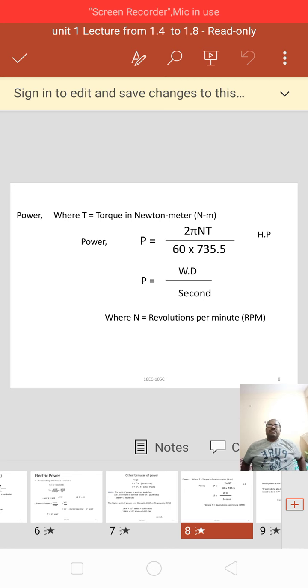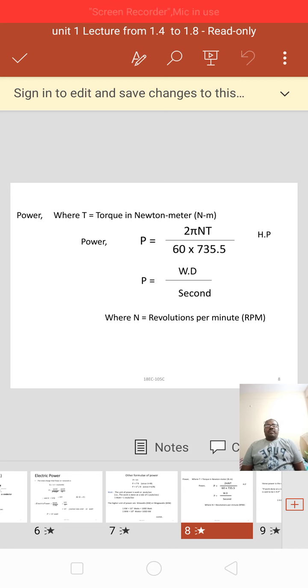Work done is represented by 2 pi NT. N is the revolutions per minute and T is the torque in Newton meters. So now P equals work done per second, that is time, where N equals revolutions per minute, that is RPM.